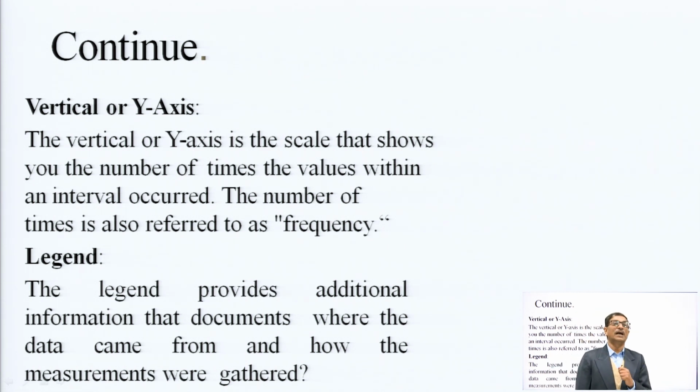That means, if we have a 0 to 10 interval and in that interval we have 3 persons, then 3 is the value on the y axis and 0 to 10 on the x axis. The number of times is also referred to as frequency. Another important part is the legend. Legend provides additional information that documents where the data came from and how the measurements were gathered.